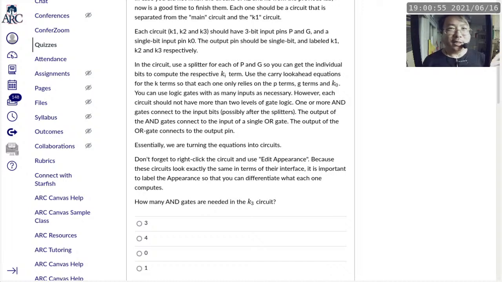So that's why I still need to open up the circuit file, look into it, and make sure K1, K2, K3 are correct and structurally correct, and that no one is turning in a carry ripple adder instead of a carry look ahead adder. Because that's the other thing, right? When I made the carry ripple adder, I specifically said this is not something you want to turn in, because it is a slow mechanism and we don't want to use it.